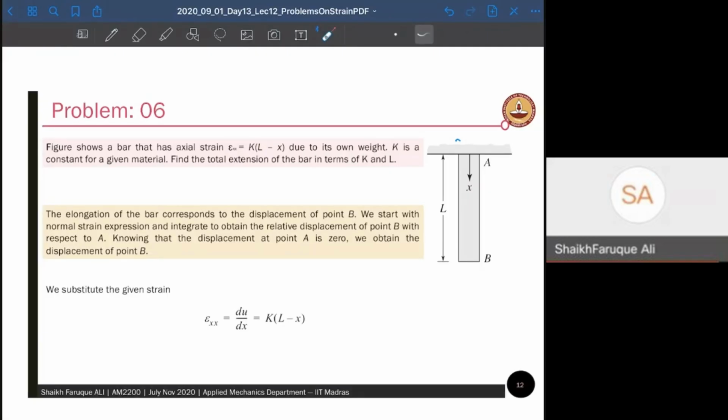Yeah, it's here. So what has been asked is, can you find the deformation of the material, the extension of the bar at L? All right, how much has it elongated at L?